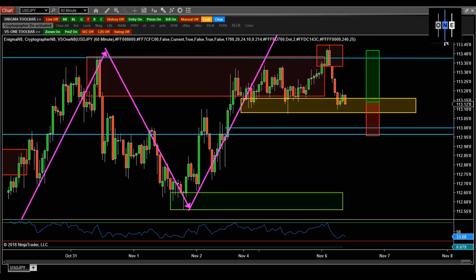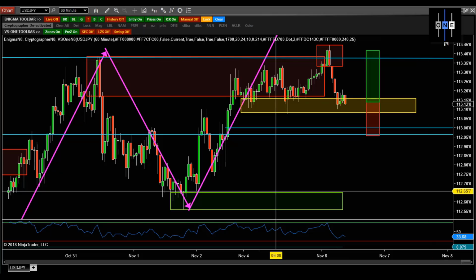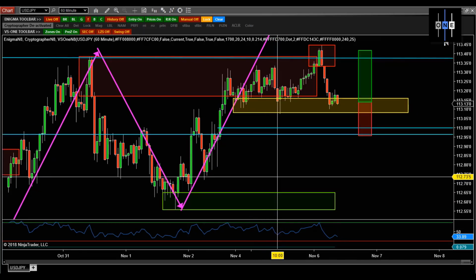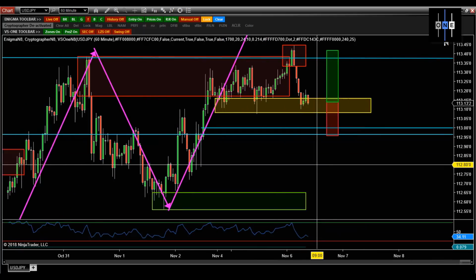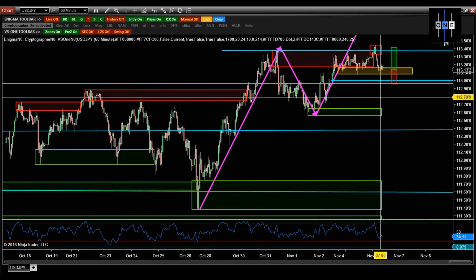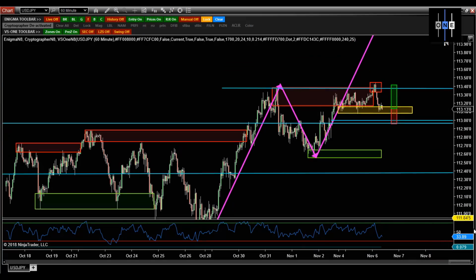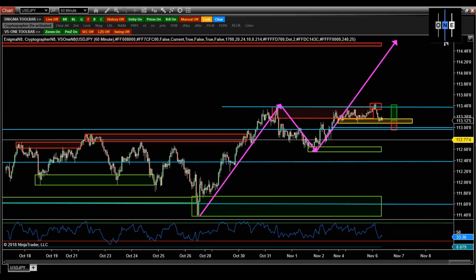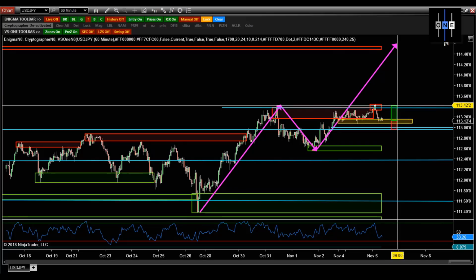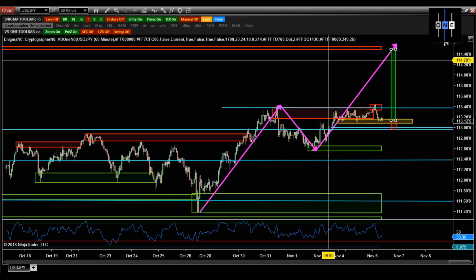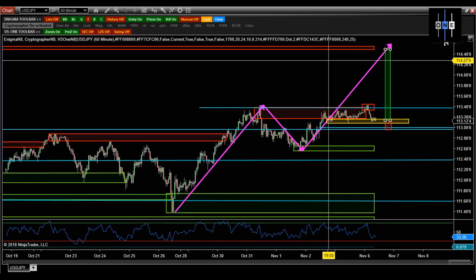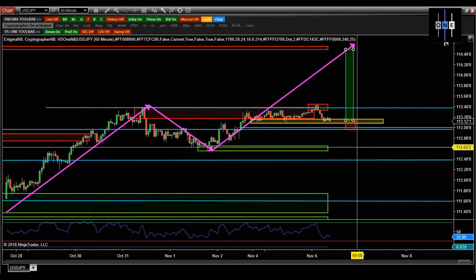What do you think? Anticipating the breakout. So again, loading up at this position in anticipation, bear with me guys, in anticipation that we're going to see a move up to that higher level of analysis. Does that make sense?